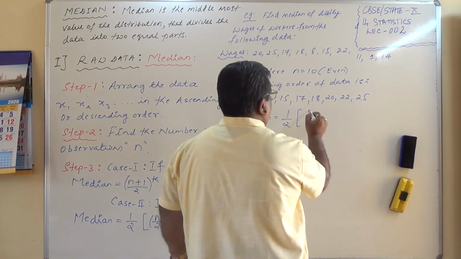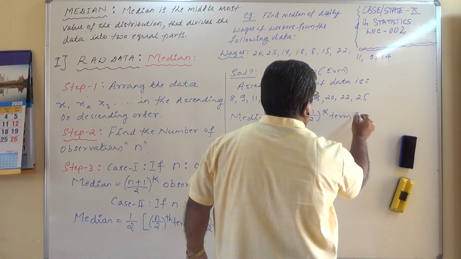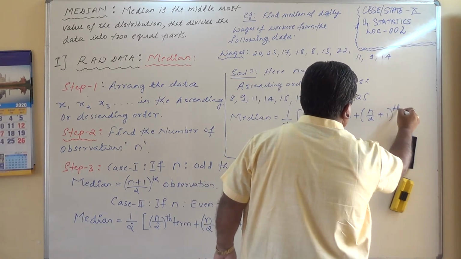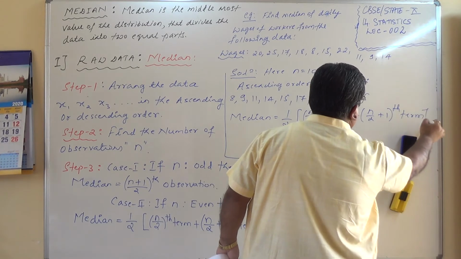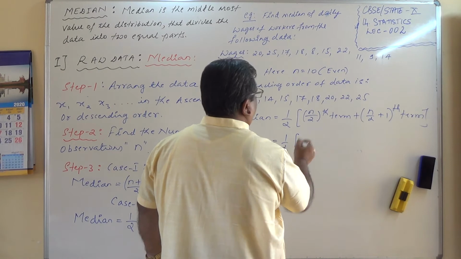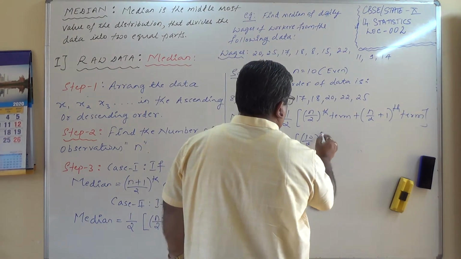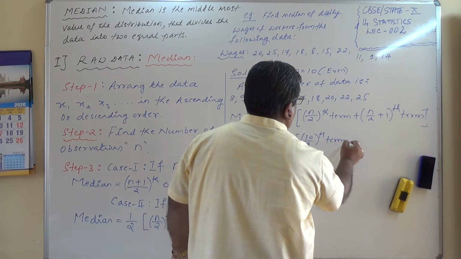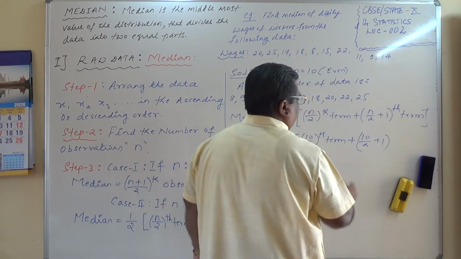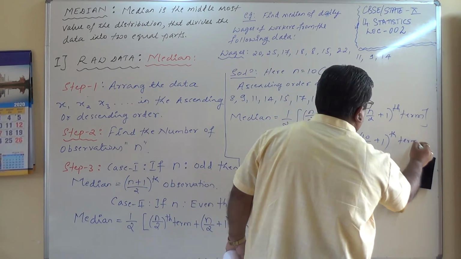So half of n by 2th term plus n by 2 plus 1th term. Here n is equal to 10. So this is 10 by 2th term plus 10 by 2 plus 1th term.